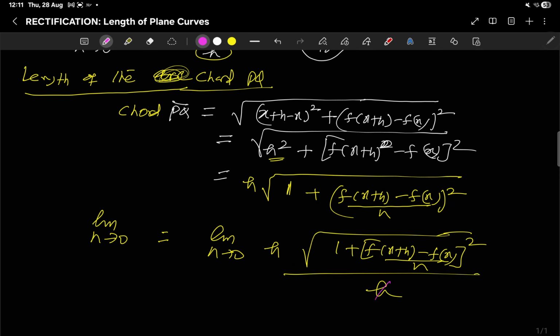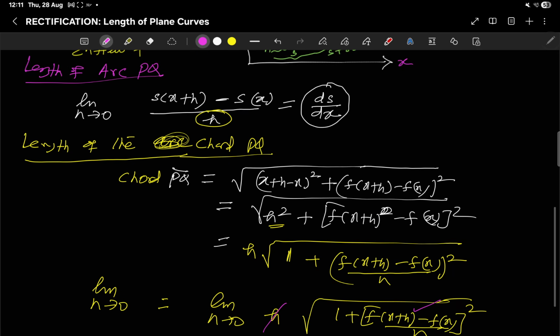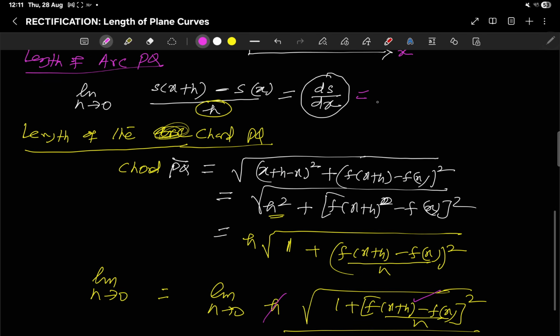So this h and h cancel. It will simply be the square root of 1 plus (dy by dx) whole square. So it can be estimated as the square root of 1 plus (dy by dx) whole square.